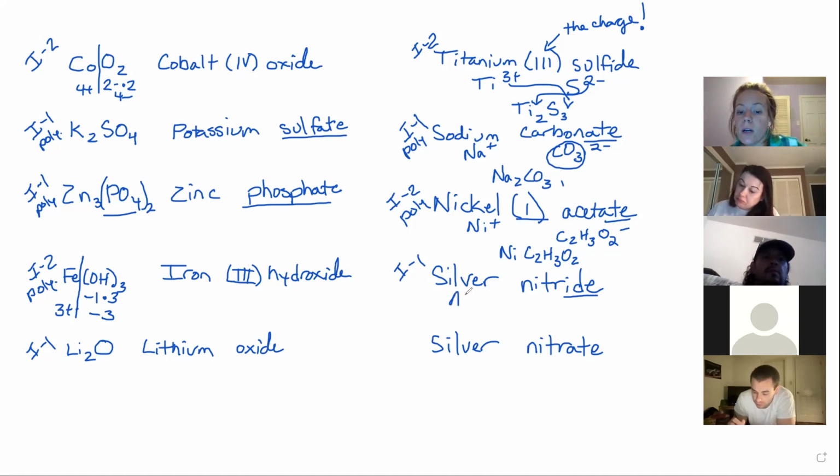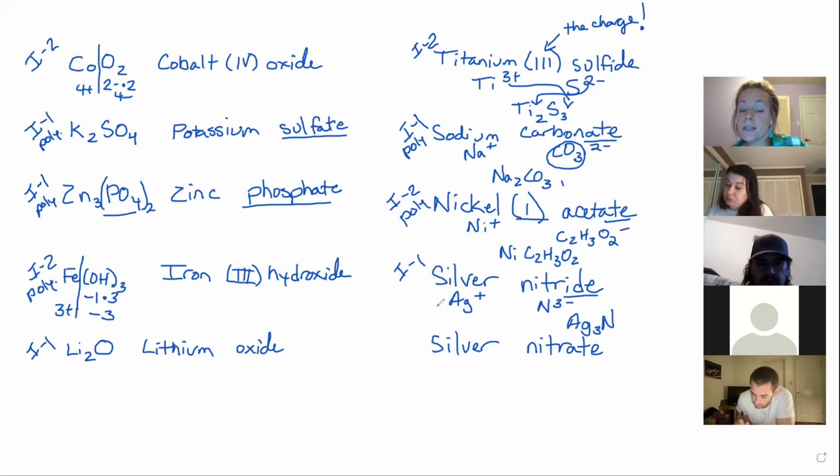So I'm going to take silver, Ag, which always has a +1 charge. How do you know that? Because you've written it in the box with your little silver to say that it has a +1. Nitride is nitrogen, so that's N with a 3- charge because of its location in the periodic chart. We flip-flop, and we're going to need 3 silvers to balance out every one of those nitrogens. So Ag3, N1.